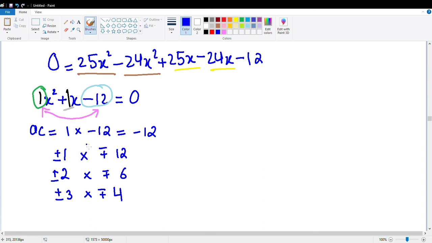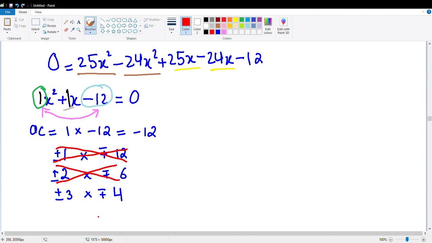And when we add minus 1 and plus 12, we'll get positive 11. So that's not the answer either. And then we have positive 2 and negative 6. That will be negative 4. And negative 2 and positive 6 will be positive 4. So that's not the right pair either.